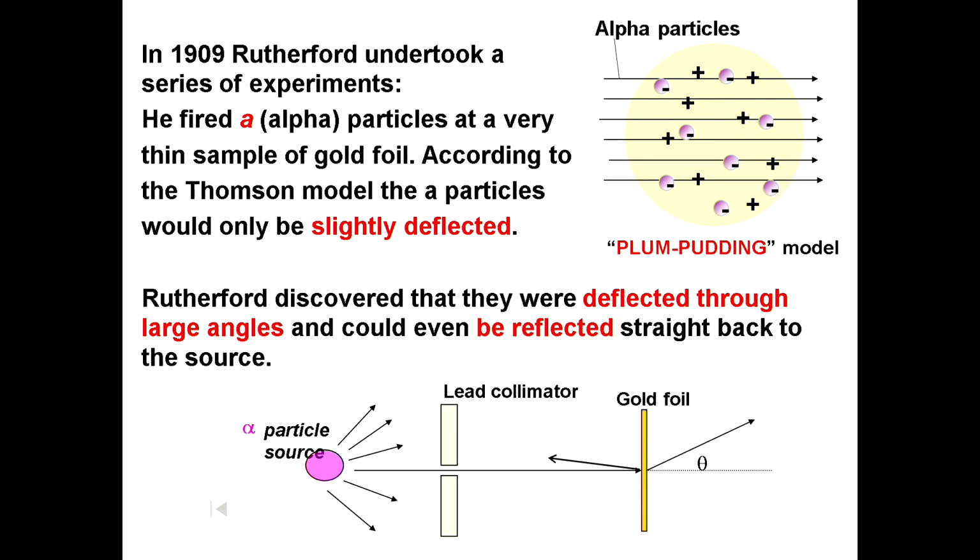But we also know the weight of the atom is very light, so the density of the atom should be very low. When the particles hit the atom, they should just go through, because the density is very low.